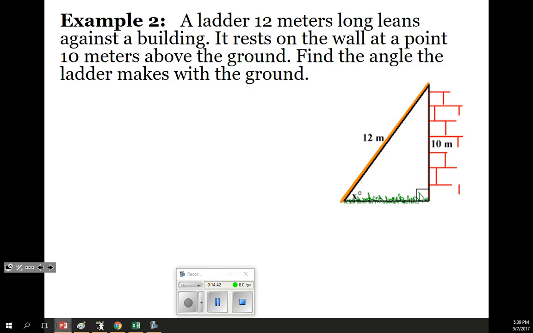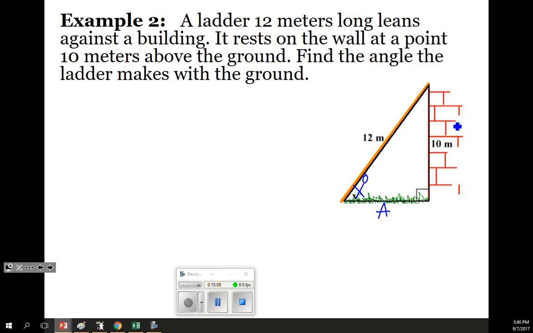So that angle in question is going to help me identify whether I label this adjacent or opposite, because the angle in question, which starts with an A, also is the adjacent side of the triangle.